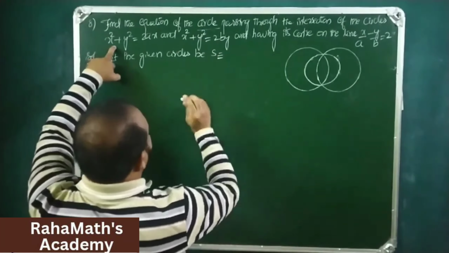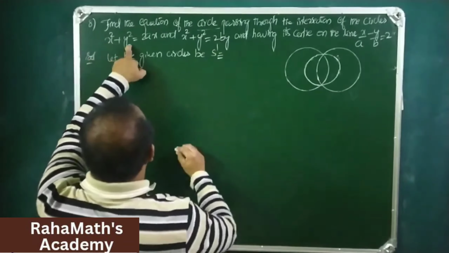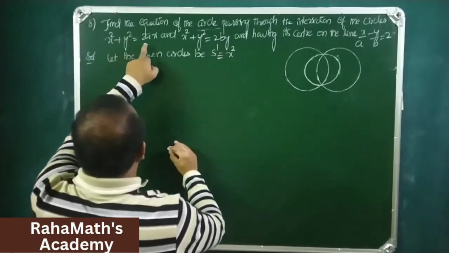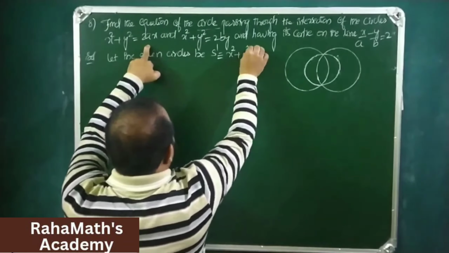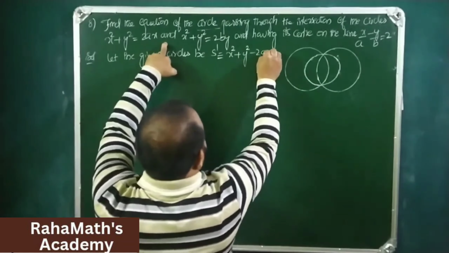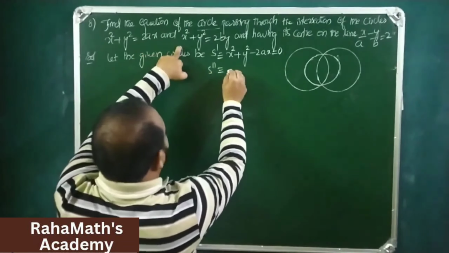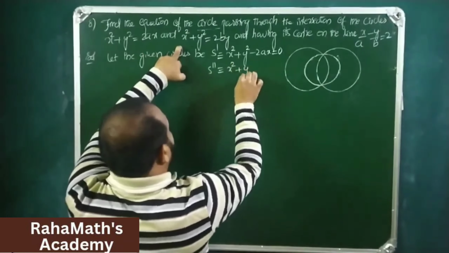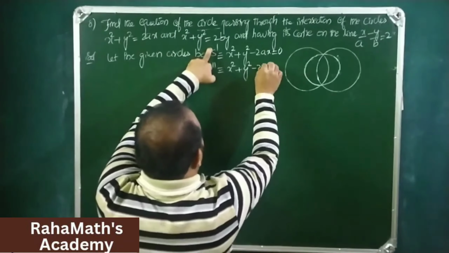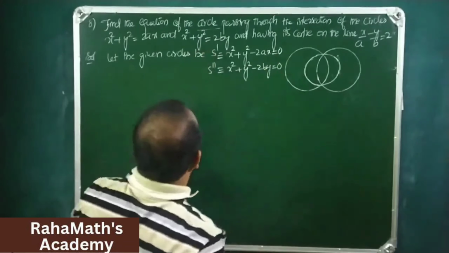S dash: x square plus y square minus 2ax equals to 0, S double dash: x square plus y square minus 2by equals to 0.